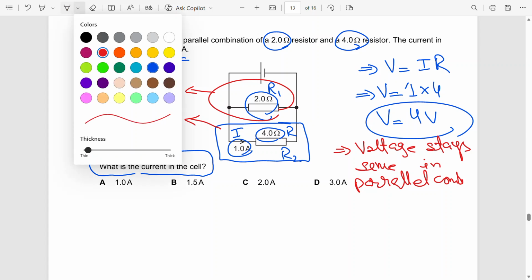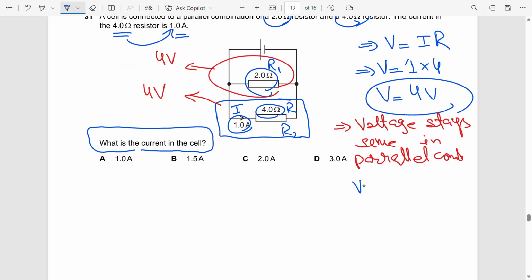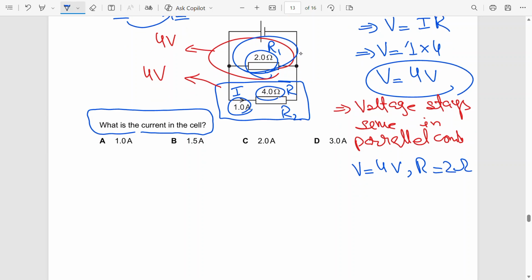All right, now we are given a voltage of 4 volts right here, and the resistor R1 equals 2 ohm. Then let's find the current at this portion. What is the value of current? I'll apply Ohm's law again.